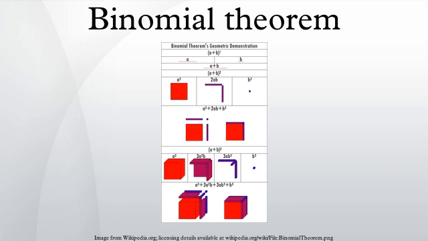For example, there will only be one term x^n, corresponding to choosing x from each binomial. However, there will be several terms of the form x^(n-2)y^2, one for each way of choosing exactly two binomials to contribute a y. Therefore, after combining like terms, the coefficient of x^(n-2)y^2 will be equal to the number of ways to choose exactly two elements from an n-element set.